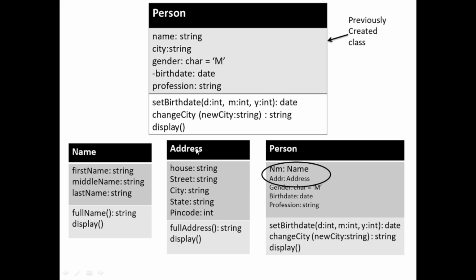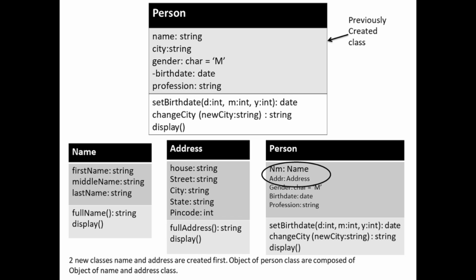In the same way regarding address. While creating the person class, we have used name and address. So name and address are used as parts in the person class. This is known as aggregation or composition. See, two new classes, name and address, are created first. Objects of the person class are composed of objects of the name and address classes.